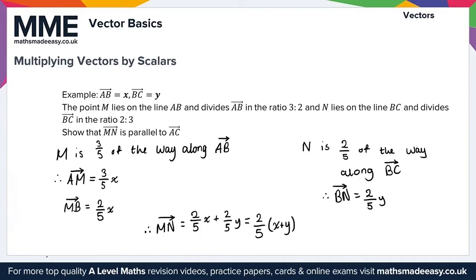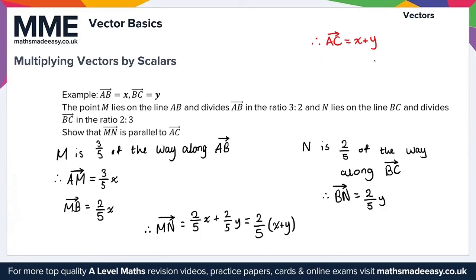So if we just do this in the top here, just so we can see it clearly, the vector AC is simply equal to x plus y. So in that case then, if we take a look at these two vectors, what we want to show here for MN, or the vector MN to be parallel to the vector AC, is this is a scalar multiple here. Well, we've got an x plus y here times by 2/5, and for the vector AC, we've got x plus y.